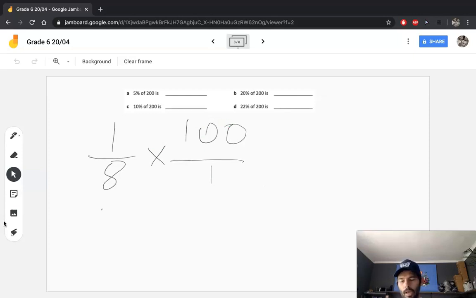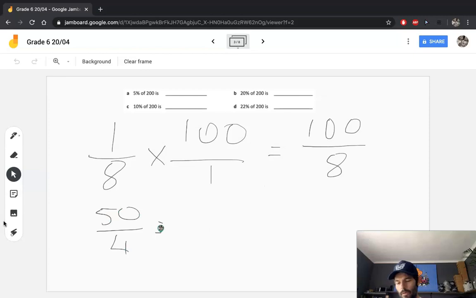Now you can say the numerators multiplied together over the denominators multiplied together. I can then simplify that to 50 over 4, which is the same as 25 over 2. And we know that 25 divided by 2 is 12.5, and that would be the percentage.